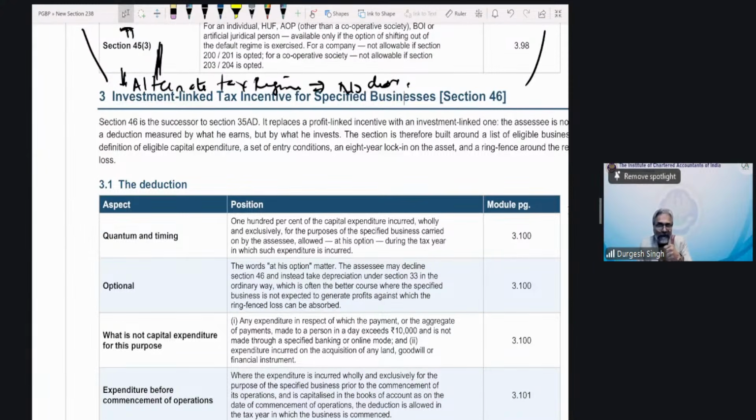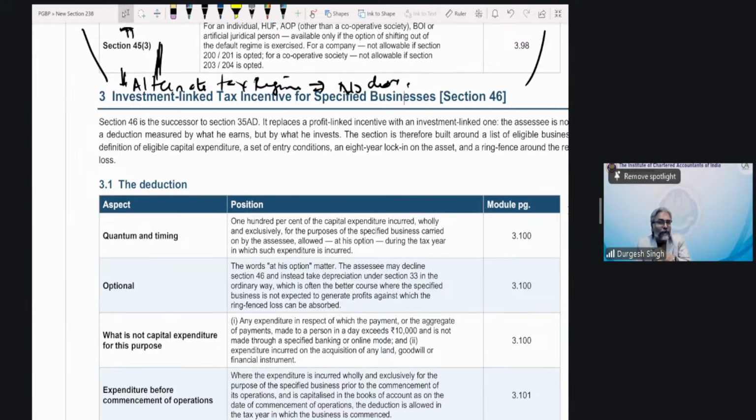So it is the specified business against which there is eligible capital expenditure, not all. Remember, in scientific research we have seen that, for example, land is disqualified. And for 45(2), land and building is disqualified, but even though land and building is disqualified, building gets deducted under 45(1).